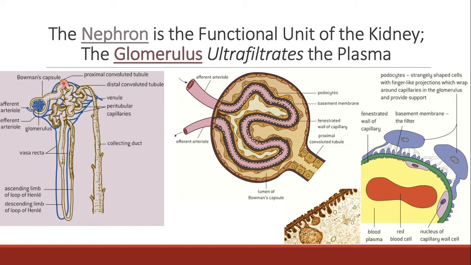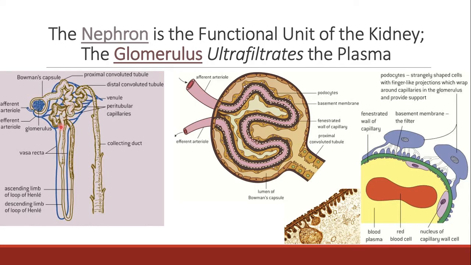So then we take them out of the PCT and put them back into the peritubular capillaries. Okay, we'll talk about that more. And then as you go along the proximal convoluted tubule, it's called proximal because proximal means close to Bowman's capsule, convoluted because it's kind of windy, and tubule because it's a tube.